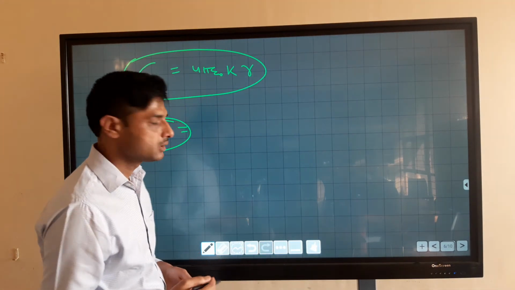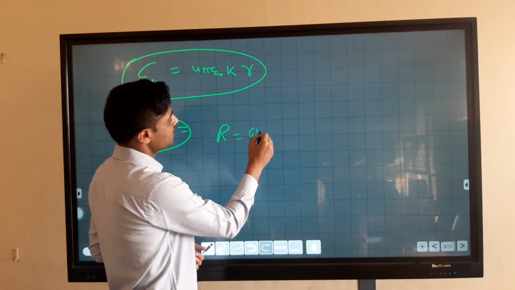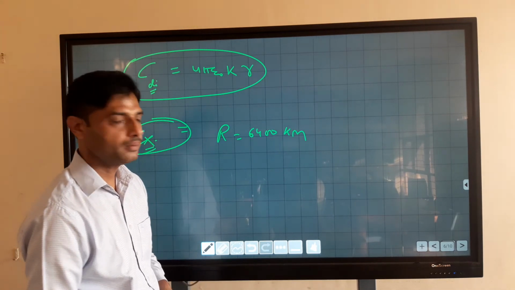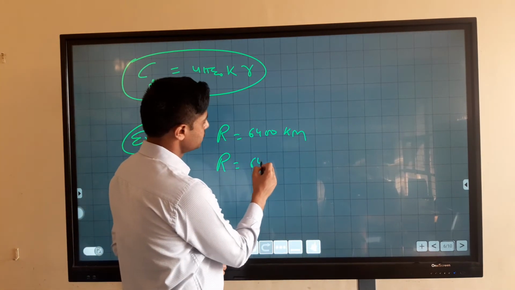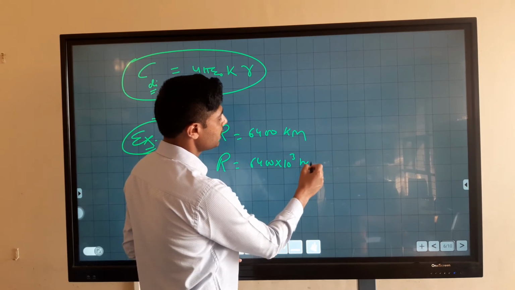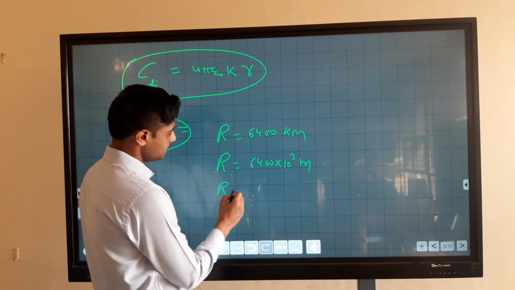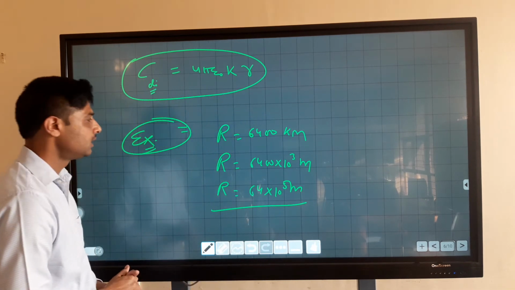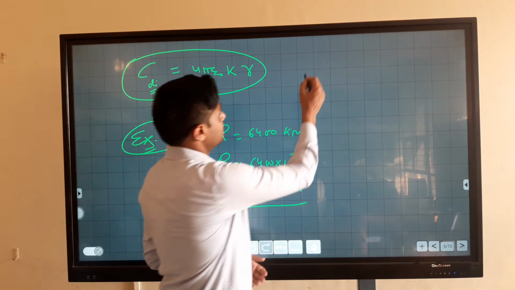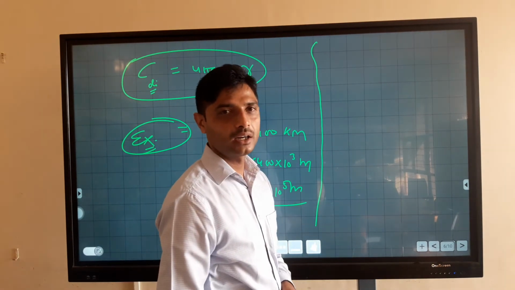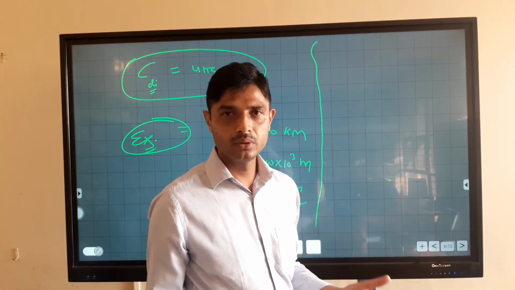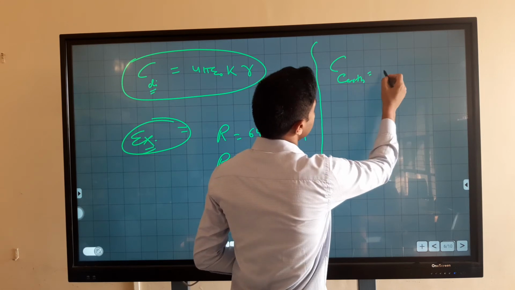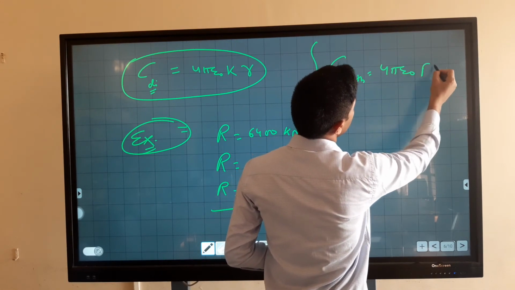As you know, the approximate radius of the earth is 6,400 kilometers, so the radius is 6400 × 10³ meters, so R = 64 × 10⁵ meters. The earth behaves as a spherical conductor, so the capacitance of the earth is 4πε₀R.